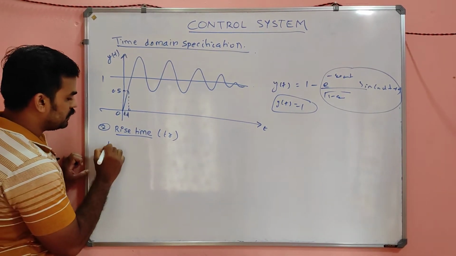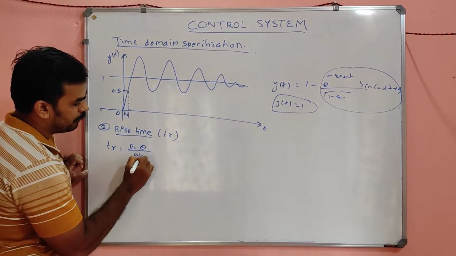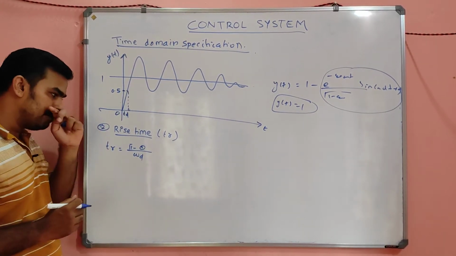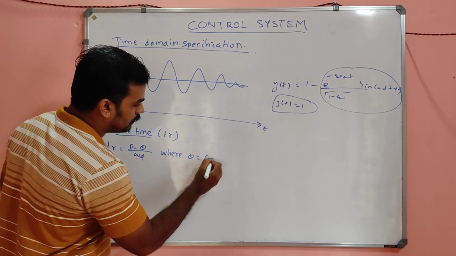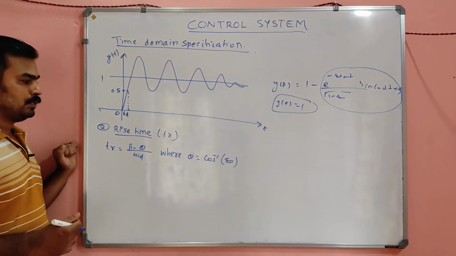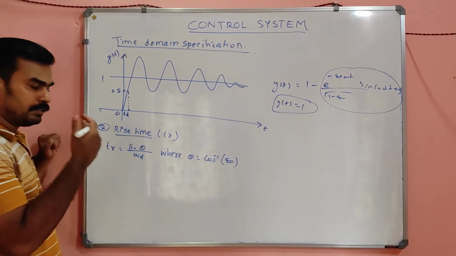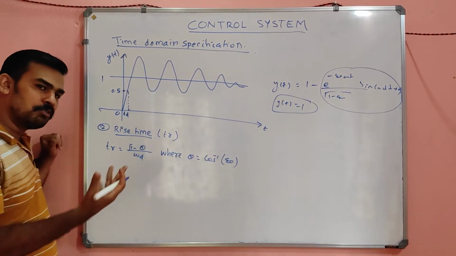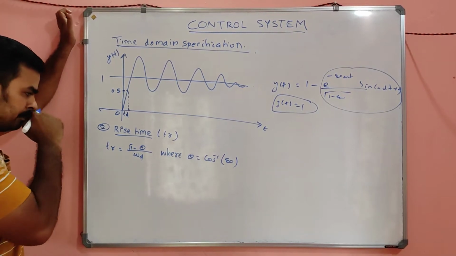Okay, that equation is TR is equal to pi minus theta divided by omega d, where theta is equal to what, my dear? Cos inverse of theta, correct? Because cos theta equals what? Theta. We already learned that, right? And pi is equal to 3 point what, you know? Omega d is equal to omega n root of 1 minus theta square, I mean the damped oscillation frequency.